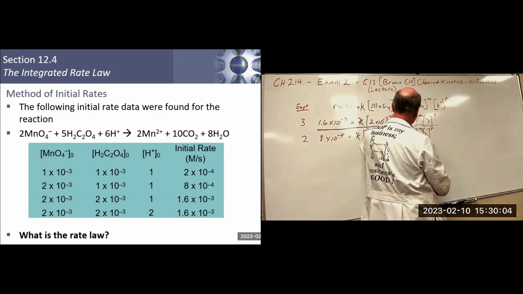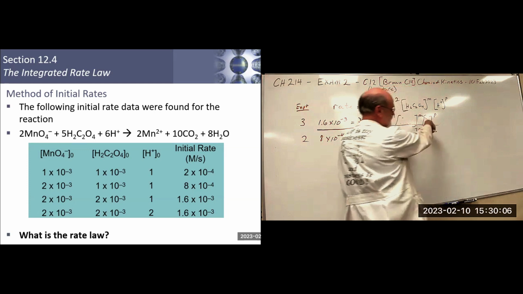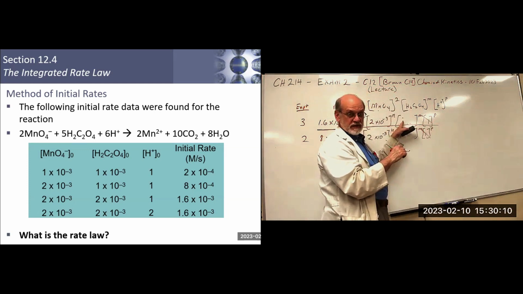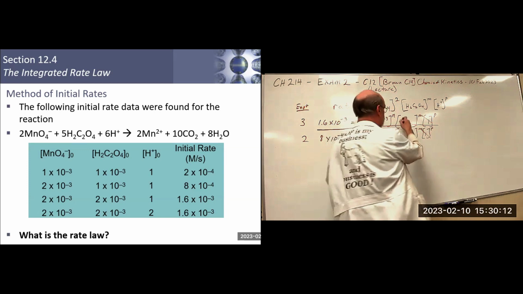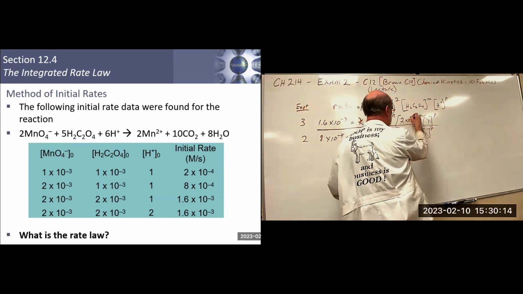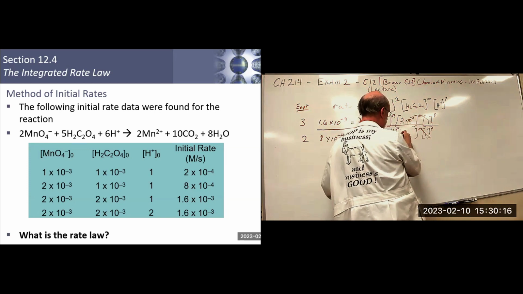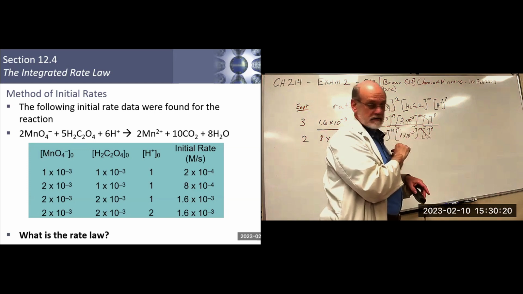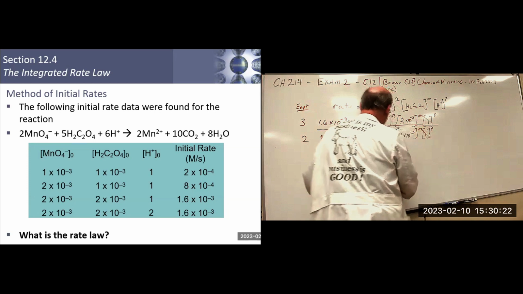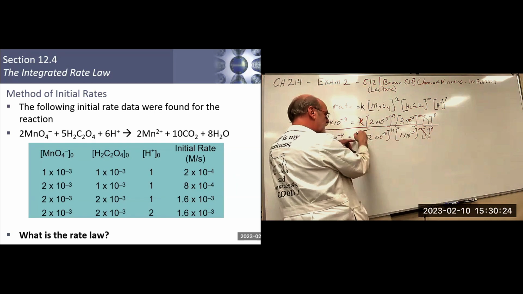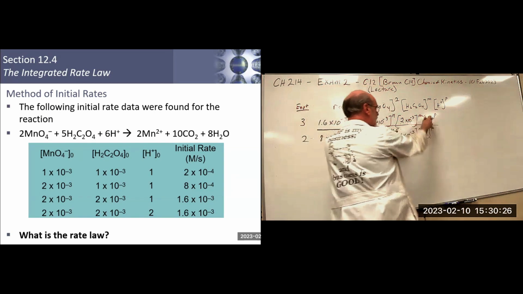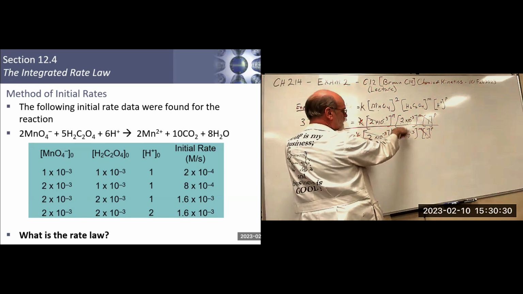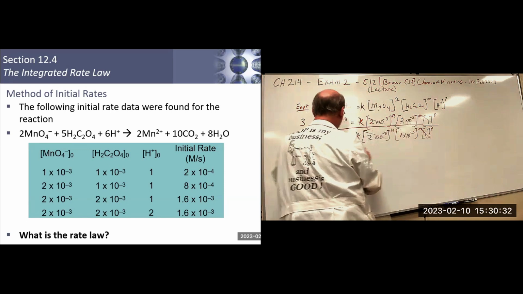And this one's going to vary. And that one's going to stay the same. It's still 1 and 1. But this one's going to be 2 times 10 to the minus 3. And this is going to be 1 times 10 to the minus 3, I believe. Yeah. So now these still cancel, those cancel, these cancel, and we're left with this one. So this one is 1 into 2 is 2 to the m power.